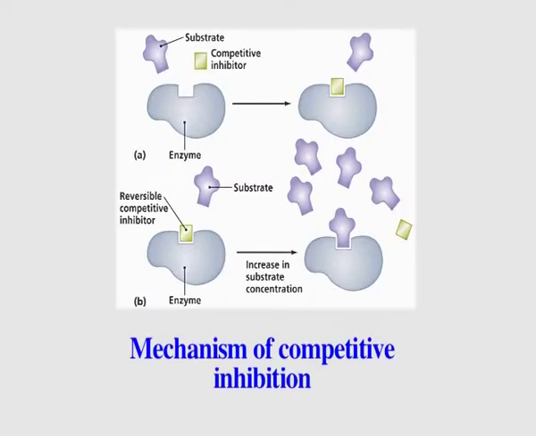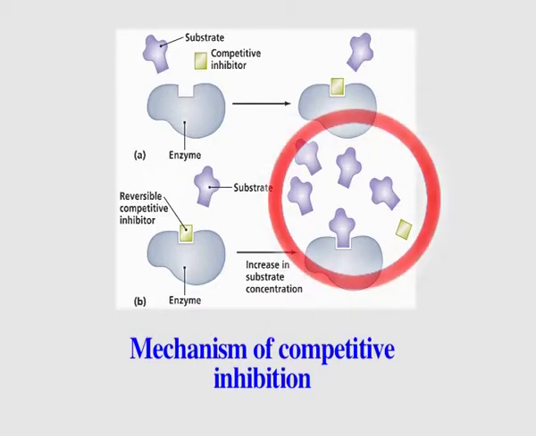By competitive, what do we mean? Look at this picture, you can see that the substrate and the competitive inhibitor have similar structures in the region that binds to the active site. So, the competitive inhibitor can compete with the substrate and bind to the enzyme's active site. In this condition, if you add more and more substrate, it can displace the competitive inhibitor and the enzyme reaction will proceed to breaking down into product.